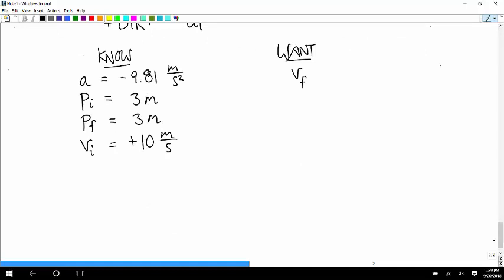Okay, so is there one of those 3 constant acceleration equations that works with this information? The first one doesn't work because we don't know time final. Otherwise, it would. The second one doesn't work because we don't know time final. The third one, yeah. So we have to use the same one again.